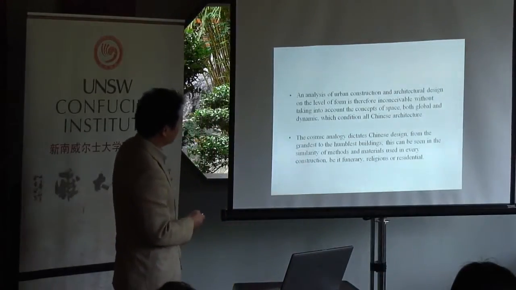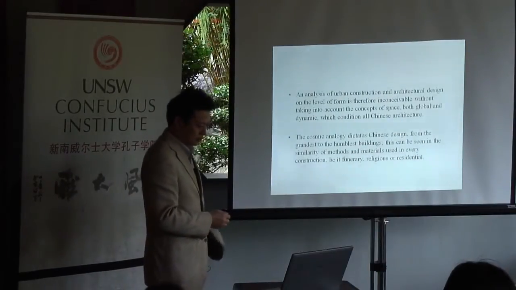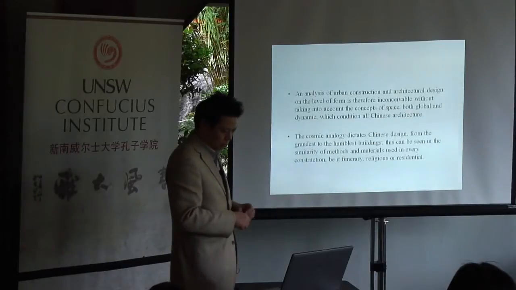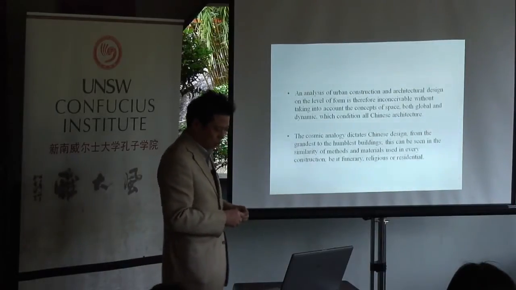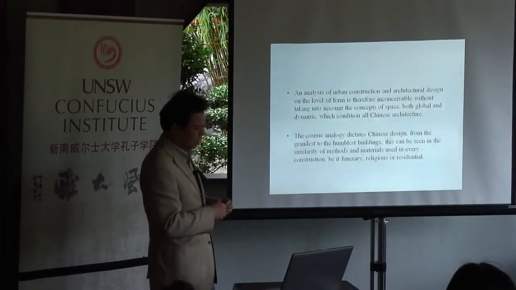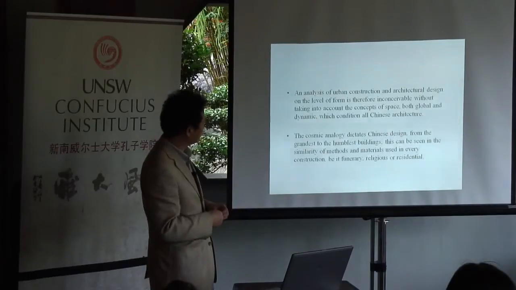An analysis of urban construction and architectural design on the level of form is therefore inconceivable without taking into account the concepts of space, both global and dynamic, which condition Chinese architecture.